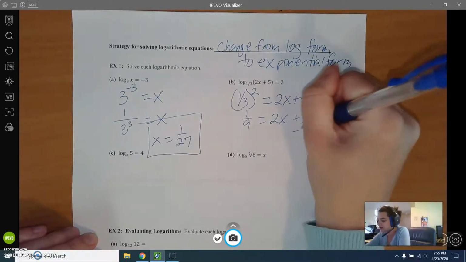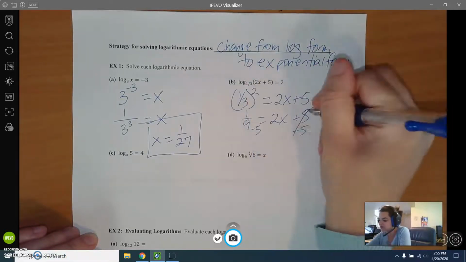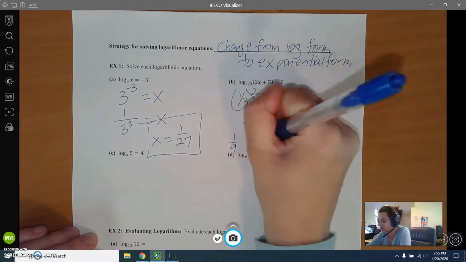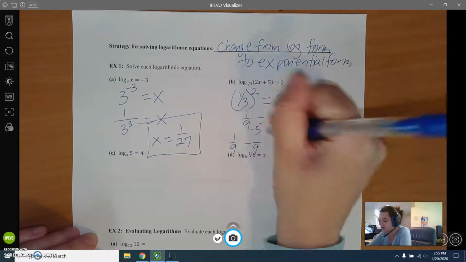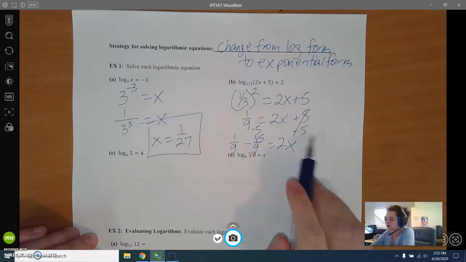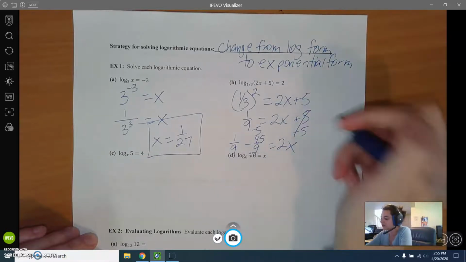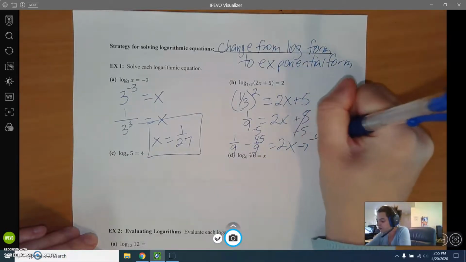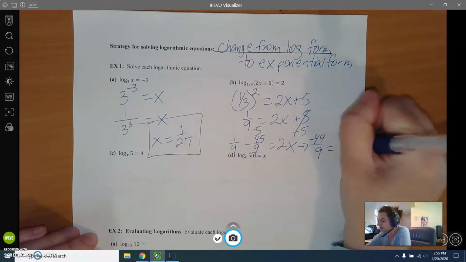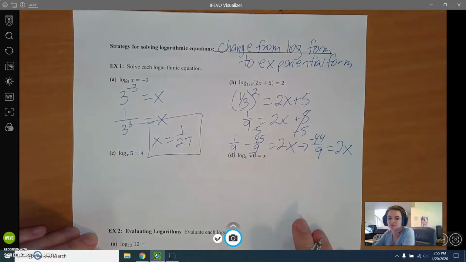So let's do that. I'll subtract 5 first. So 1/9 minus 5, I need a least common denominator, which would be 9. And 5 would be 45/9. 1/9 minus 45/9 would be negative 44/9. So now I've got negative 44/9 equals 2x.